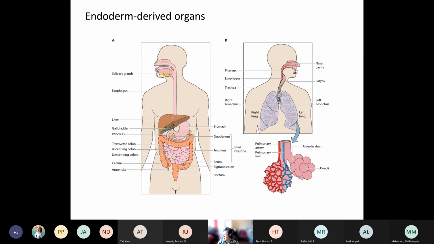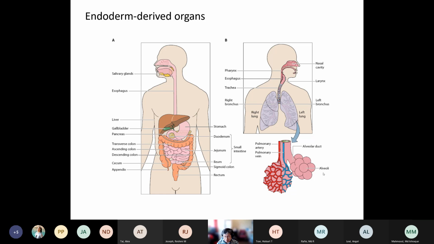However, you may not know that the majority of the respiration system is also derived from endoderm. So here on B, I show you a picture of the respiration system. They have nasal cavity, pharynx, and then followed by larynx, and then trachea, and then you have the two branches. If you further observe the finer structure, at the terminal of the lung, you will have an alveolar duct and so-called alveoli.